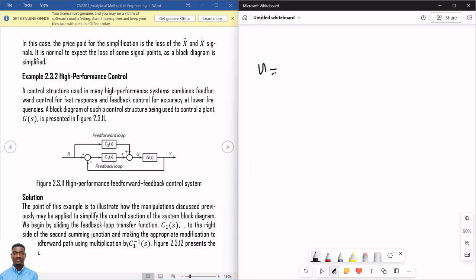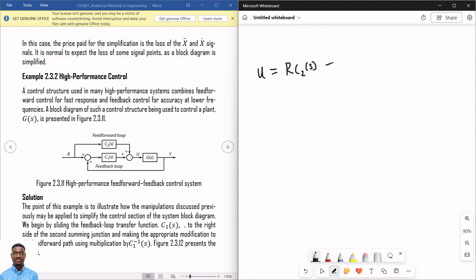I can move it downstream and look at the model. Let me just change my U. It's not looking like U. So U here, which is the signal on this line, came from this R into C2S, plus whatever is coming out here, which is Y, R minus Y, C1S.